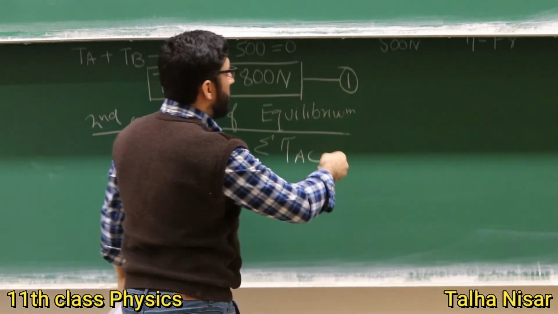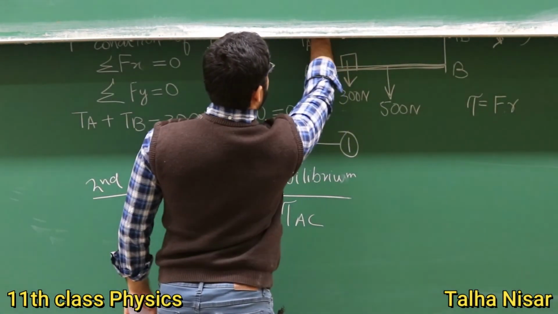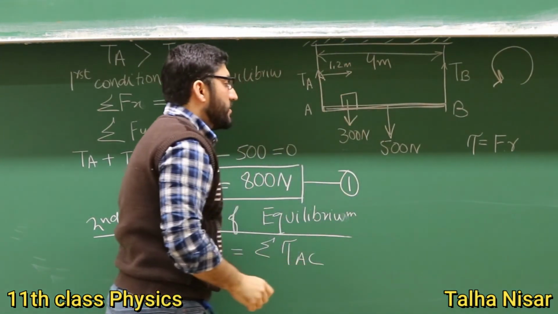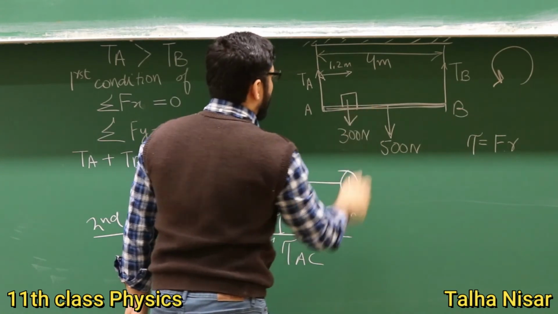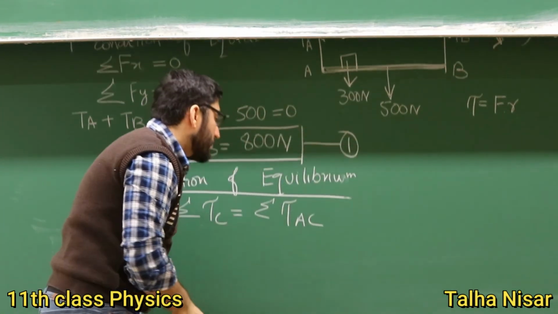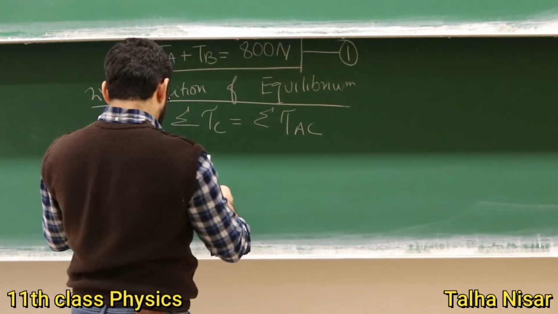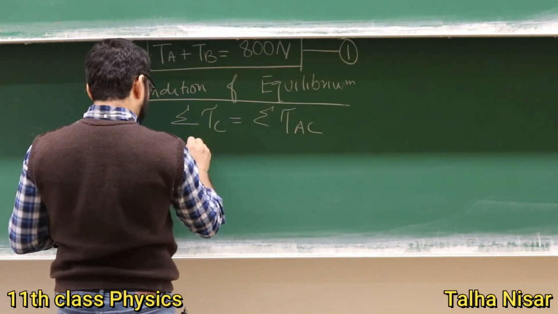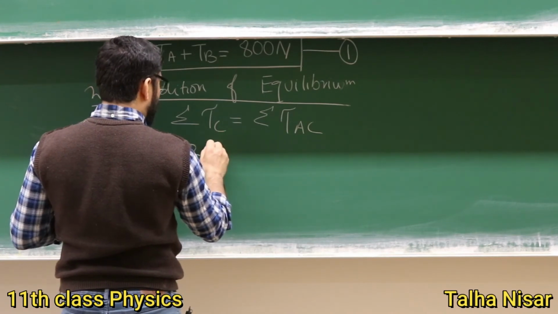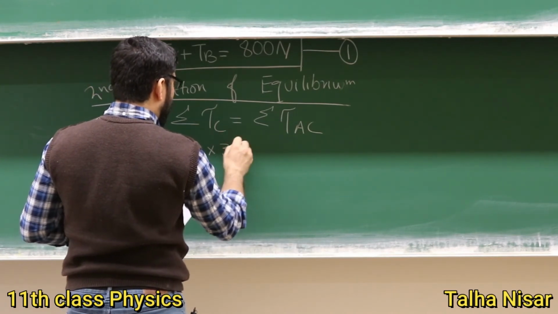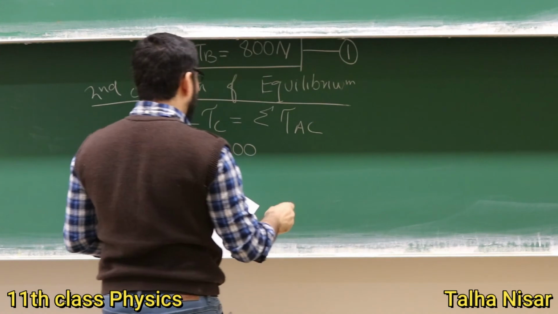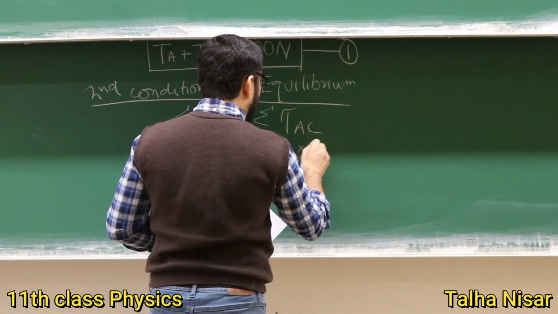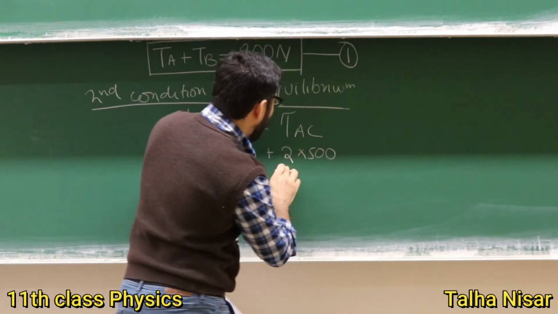For the small weight, the distance is 1.2 meters, and then we have 4 meters in total. And we can also see the distance which is 2 meters. So 1.2 multiplied by 300, which is for the additional small mass, plus 2 multiplied by 500. Why 2?